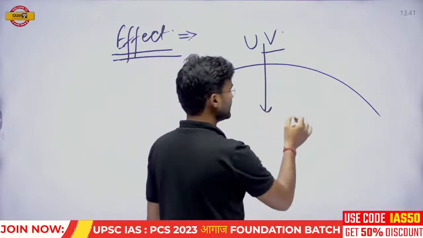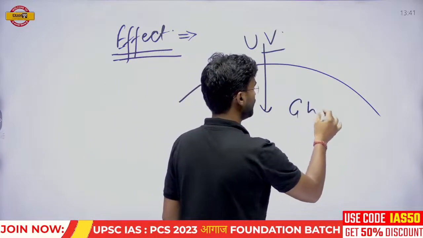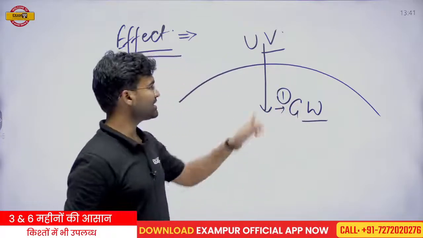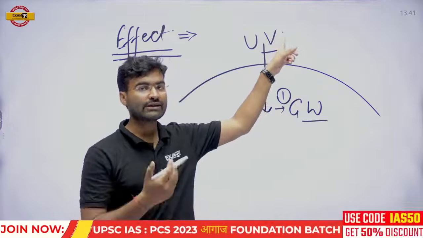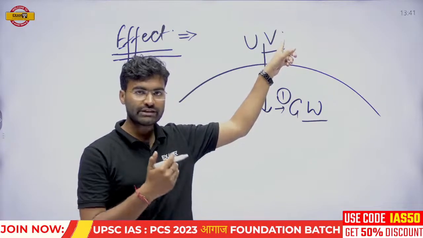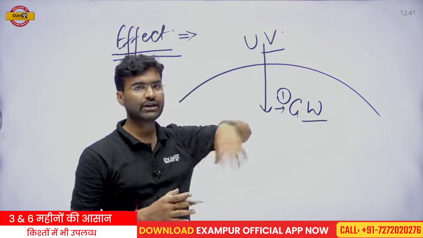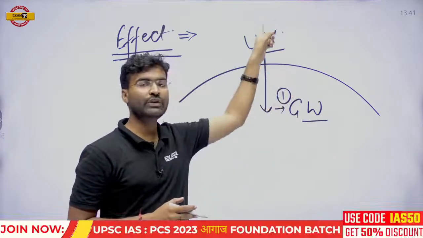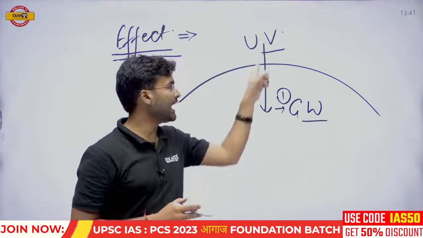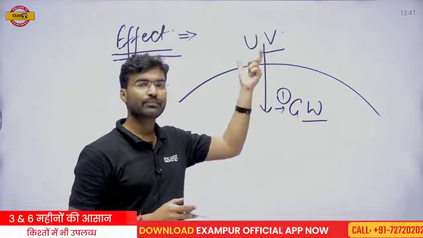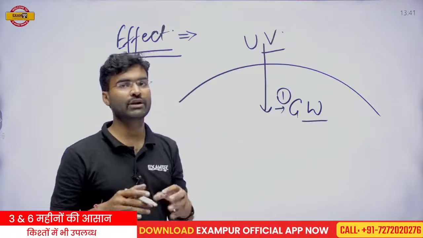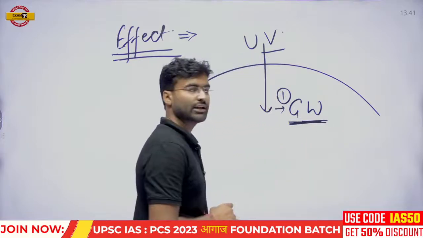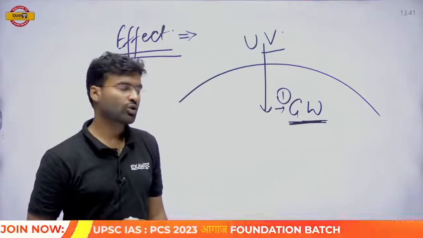So firstly, it increases the global temperature, which causes global warming, because UV has higher energy than the visible rays. Now we are getting visible rays, which have less energy than ultraviolet rays. But if the ozone layer is depleted, UV rays will come directly to the earth's surface with more energy than the rays we get at present. So firstly, it is responsible for global warming.